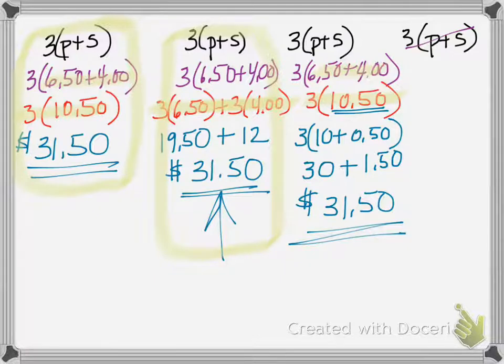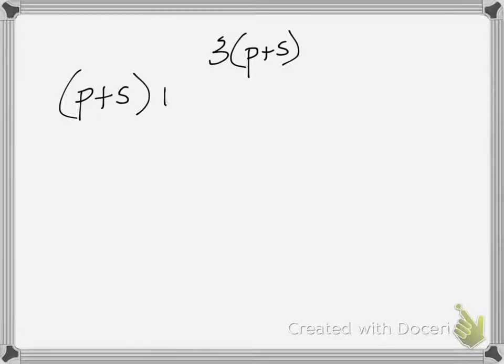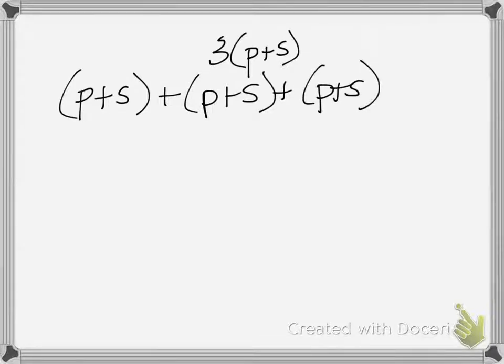Now, this fourth scenario that I avoided, because I was running out of room there, is what you could have done, but probably the least efficient of all, was to actually turn this into an addition problem. P plus S plus P plus S plus P plus S. And here we go.